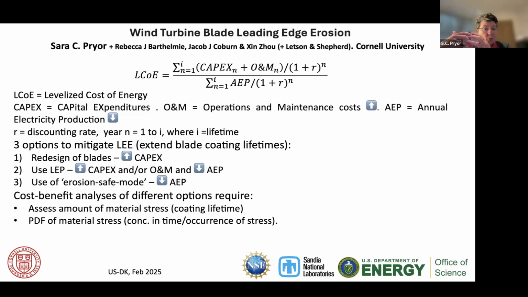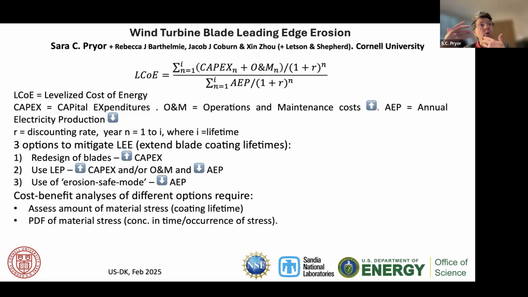So our work starts from the perspective of saying, if we want to help owner operators do cost benefit analyses of options 1, 2, or 3, we would like to quantify for them the amount of material stress or coating lifetime in a particular location, and also the probability density function of material stress. So is it concentrated in a few minutes per year, or is it spread out across the year?